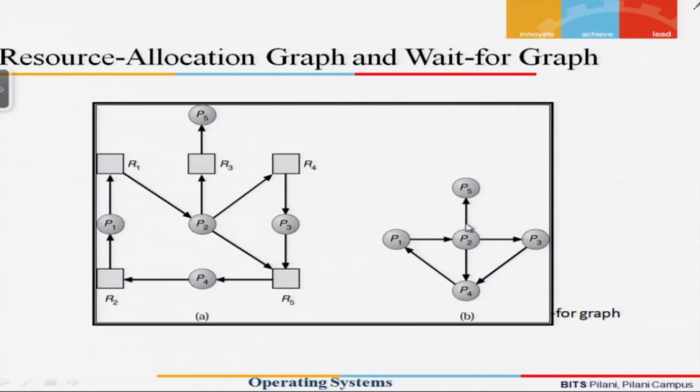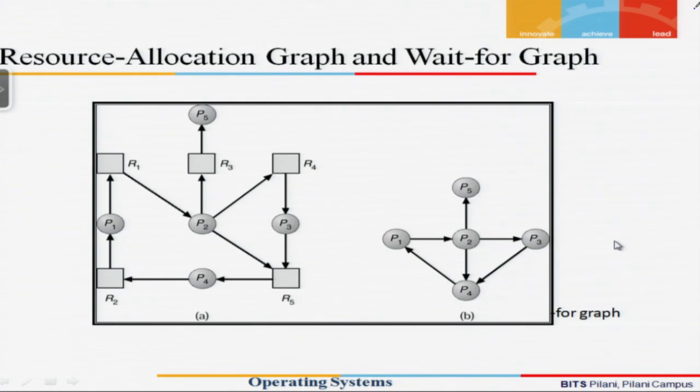And then, having constructed a graph of this kind, what we can do is try to see if there is a cycle. If there is a cycle in the graph, then we can say that there exists a deadlock. If there is no cycle in the graph, then we say there does not exist a deadlock.